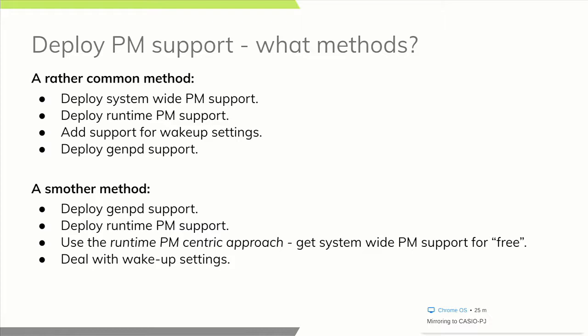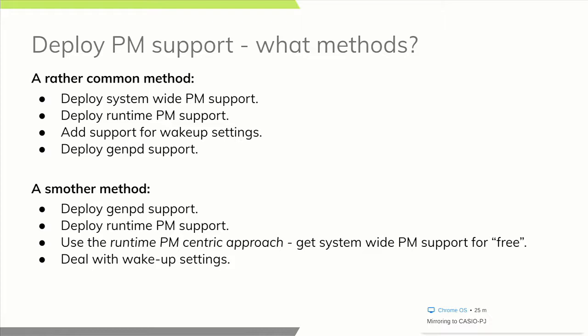Rather than starting from the bottom to top, it becomes easier if you start from the top to bottom, actually. So first of all, put the power rail and put the topology there. That's easy, and nothing will break. And then you add Runtime PM support in the driver instead. Start with that.